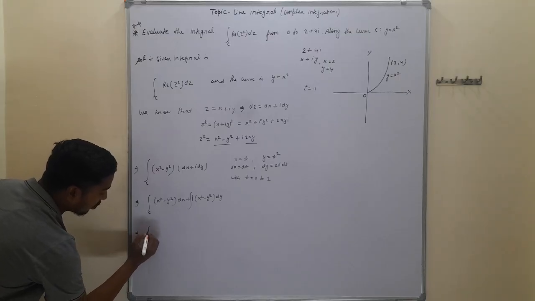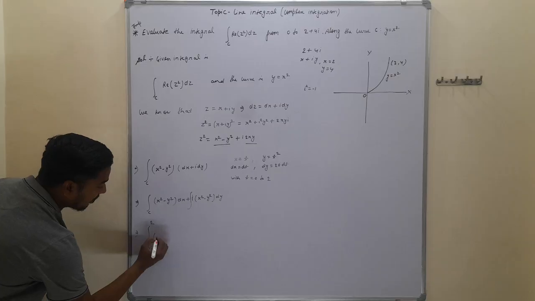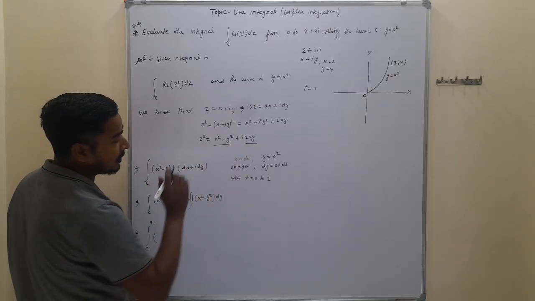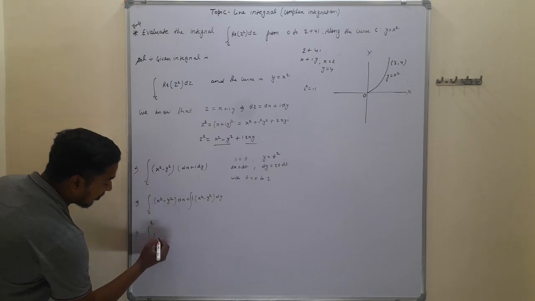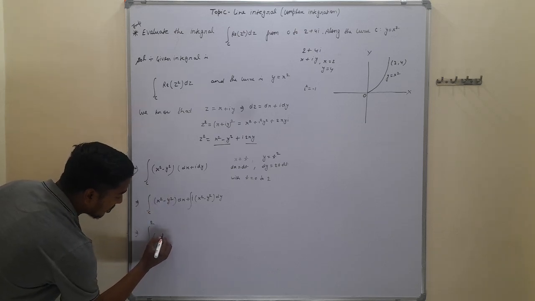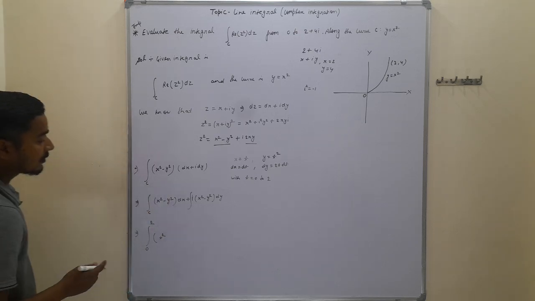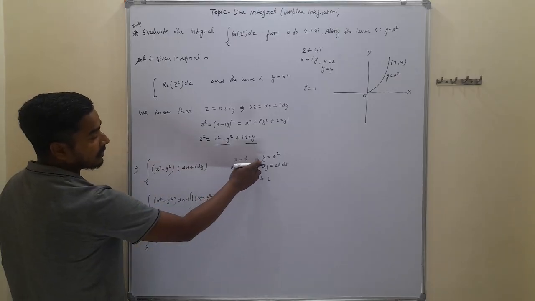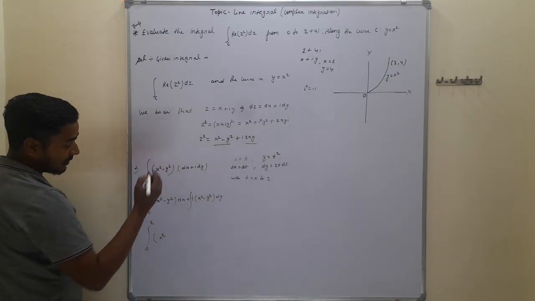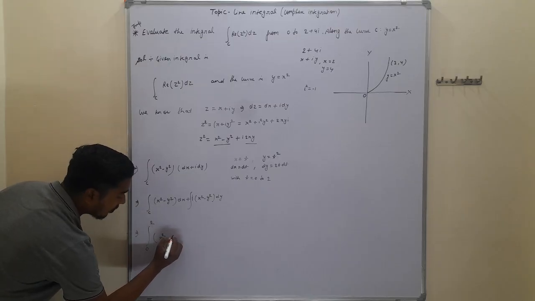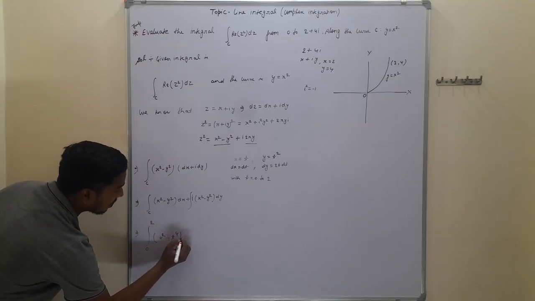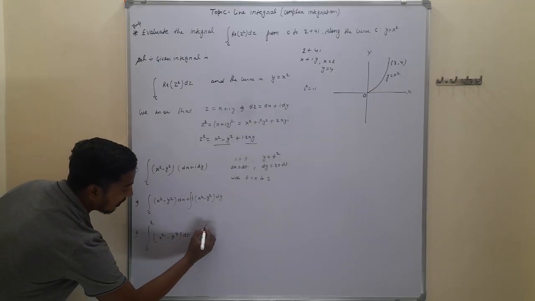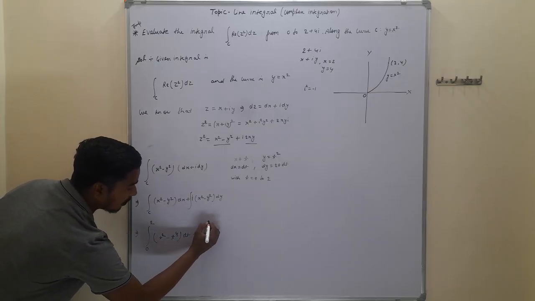In place of x square, let us assume x is equal to t, so we get t square, and minus y square, y is equal to t square, then y square is t to the power of 4, and this is dt plus i, and the second integral also has limit 0 to 2.